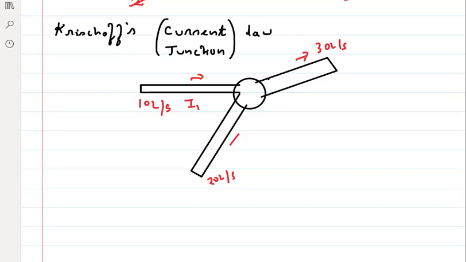Yes or no? Tell me. I1 plus I2 plus I3 should be equal to 0. Make sense? Anyone have any issue? Tell me, anyone have any issue?